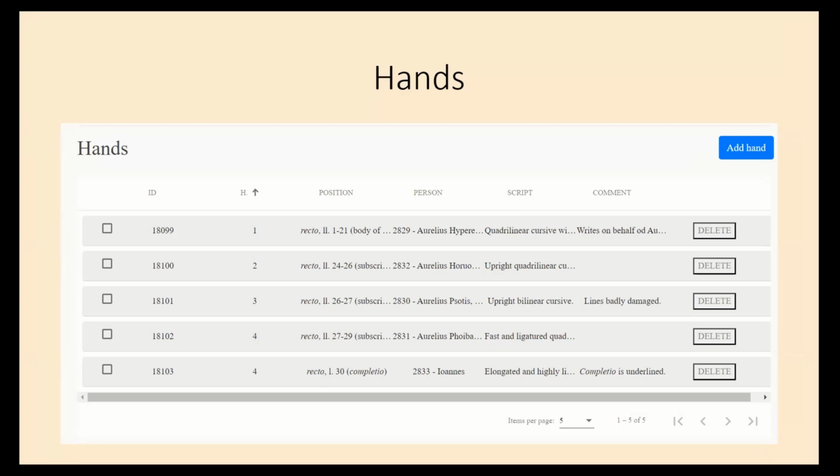So we indicate the lines in which each hand intervenes, the role played by each hand, whether it is the writer of the body, the subscriber, the notary, or a witness. And we also provide a synthetic description of the handwriting of each writer.